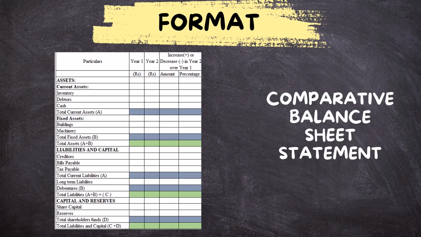This is the format of the comparative balance sheet statement, where we compare assets and liabilities between one year and another year. We check whether there is an increase or decrease, and we will be calculating the amount and its percentage. Here we will be calculating the assets and liabilities by classifying. So let's get into the video.